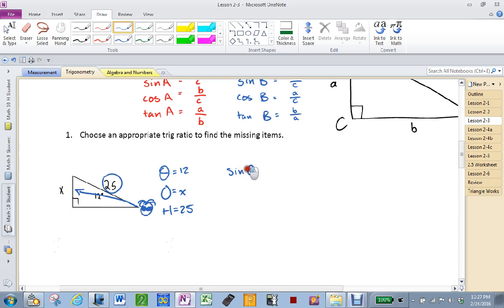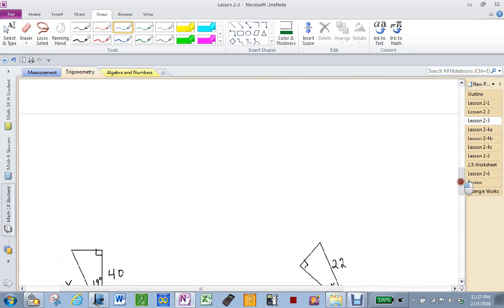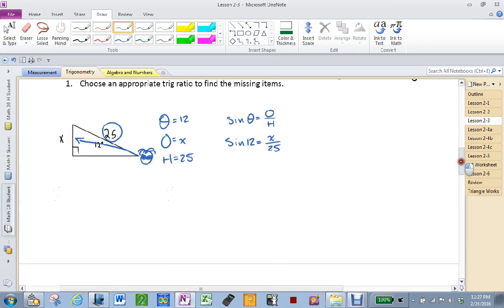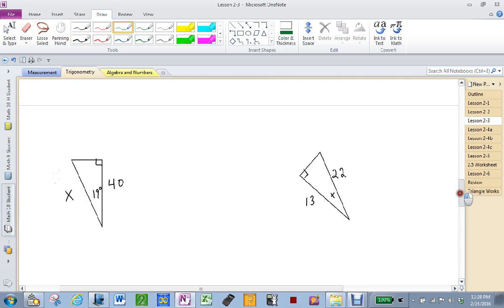Sine theta equals O over H. Sine of 12 equals x over 25. How do I solve that? Multiplication. I'm not going to solve it. You are. Is that clear? Everybody good? You don't have to solve it yet. We're going to set up all three. Then we're going to do our work.